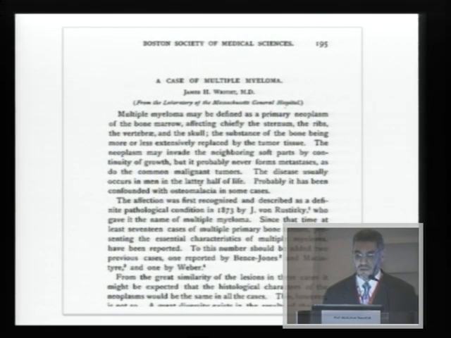Later, in the year 1900, this nice article was published by James Wright, describing a patient with so many tumor masses and saying this was probably the 20th case discovered, including the patients reported by McIntyre and Bence Jones. By that time, they were calling it a plasma sarcoma, a malignant lymphosarcoma.